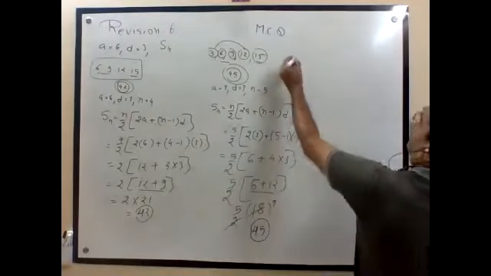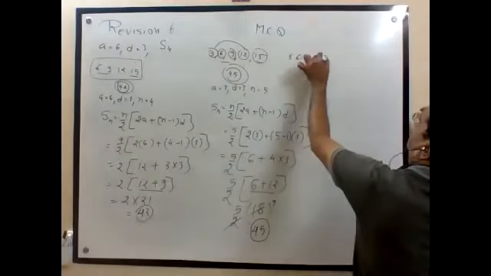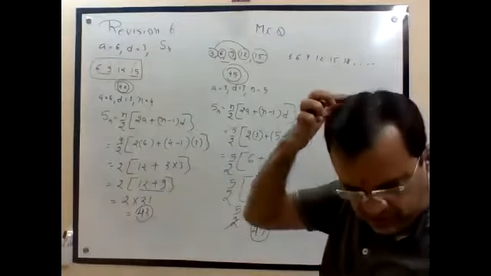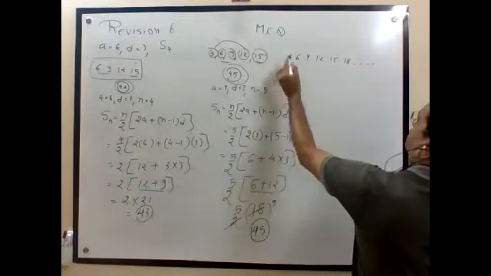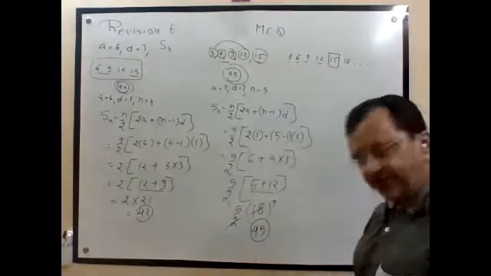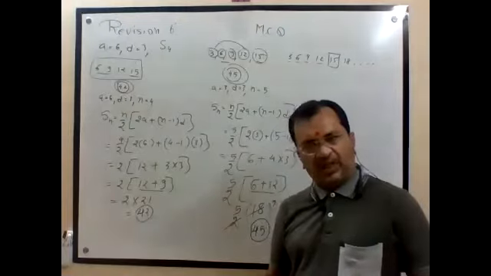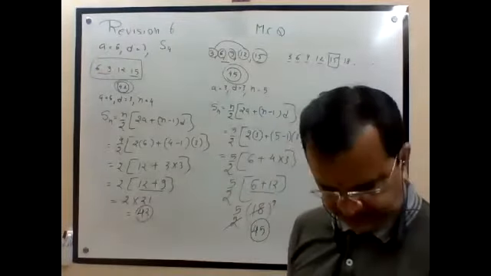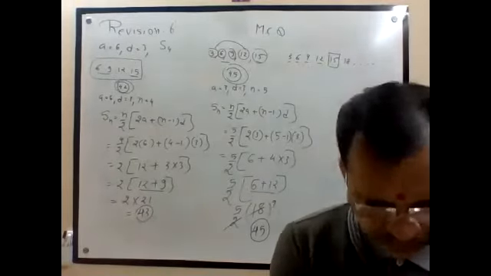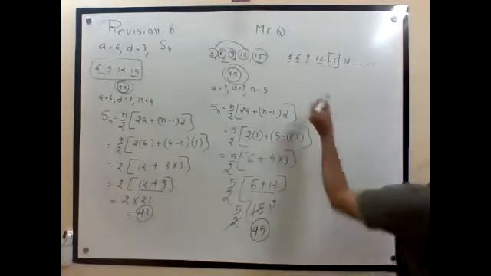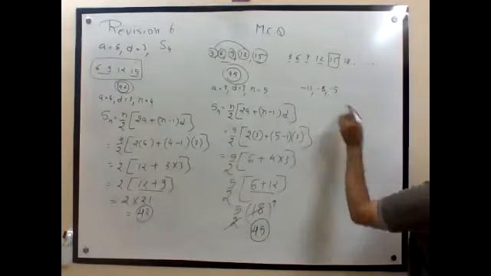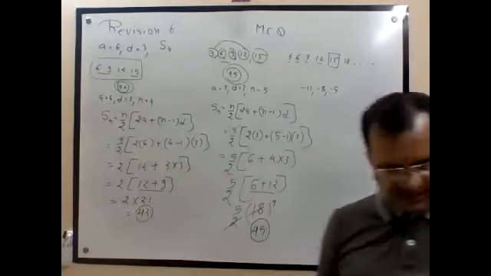Exactly the same is given, multiples of 3. Find out T5. So first T1, T2, T3, T4, T5. Difference is d, difference is 3. Starting value is also 3. Now minus 11, minus 8, minus 5, and so on.